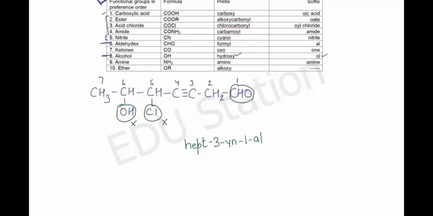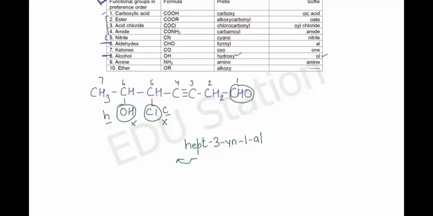Now we have not written alcohol. For alcohol we use hydroxy. For chloro we use chloro. It starts with C and this starts with H. C comes first in alphabetic order. The prefixes, something which is written before the word root, are always written in alphabetic order.